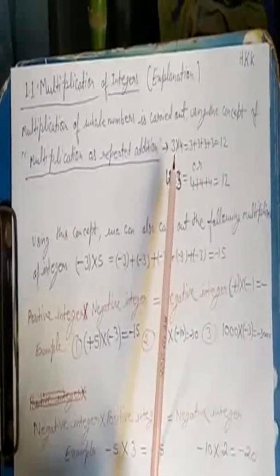Example, 3 into 4 means 3 added 4 times: 3 plus 3 plus 3 plus 3 is equal to 12. Or 4 into 3, so 4 added 3 times: 4 plus 4 plus 4 is equal to 12.